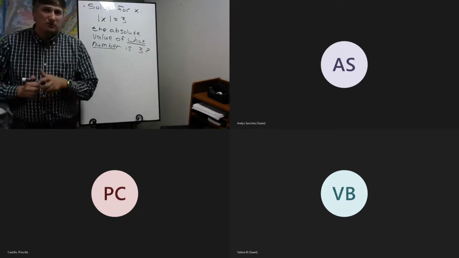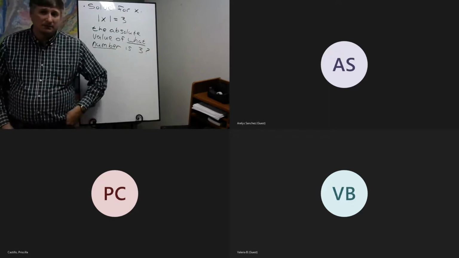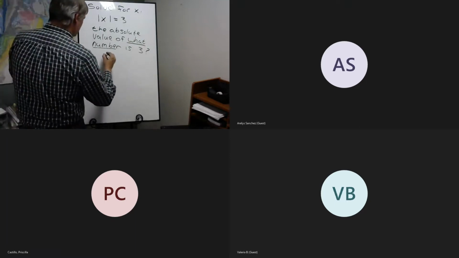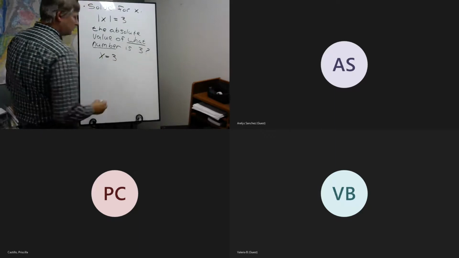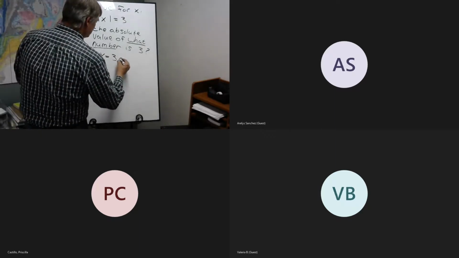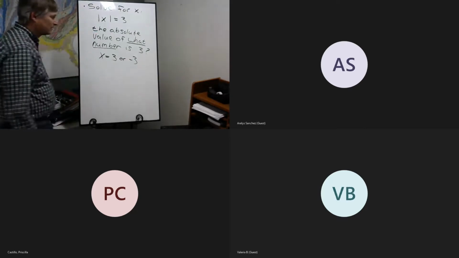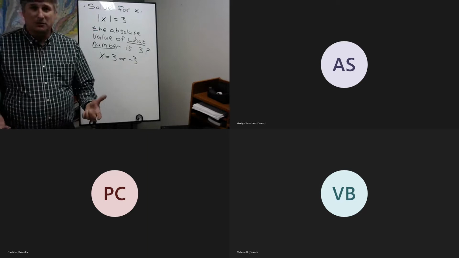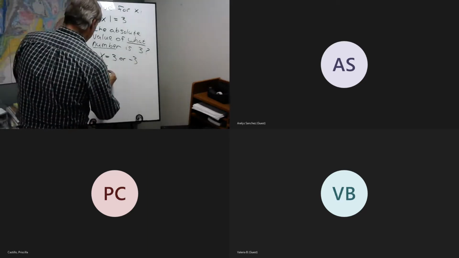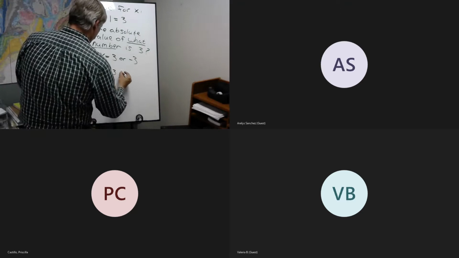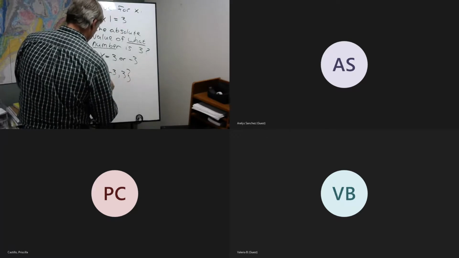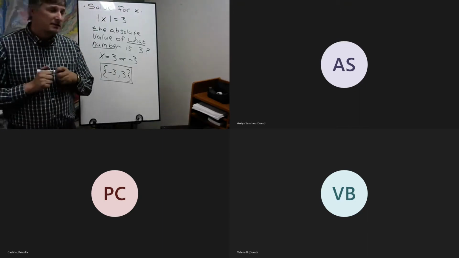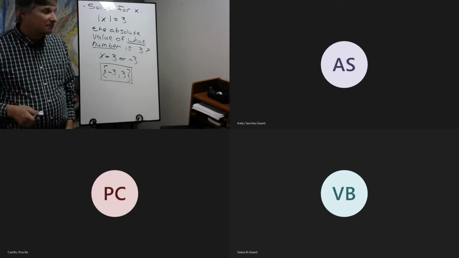Well, the absolute value of what number gives you 3? Well, we've seen this already. It could be 3, but it could also be -3. Either one is valid. So when we give our answer for this question, we're going to have 2 solutions, -3 and 3.